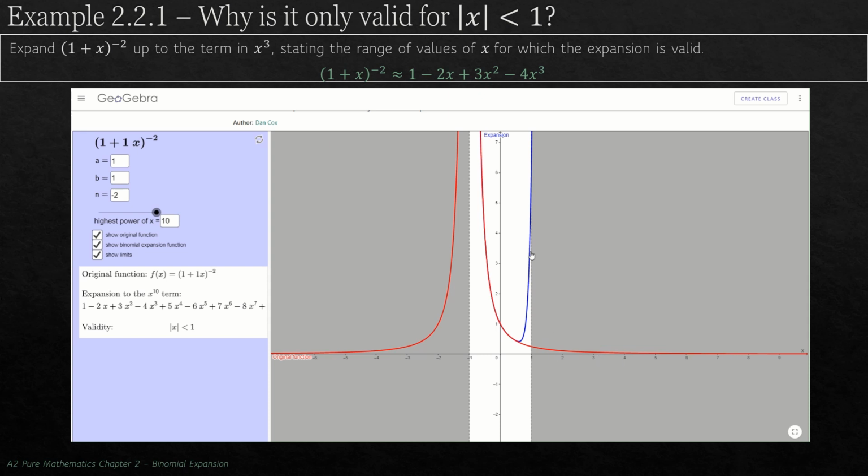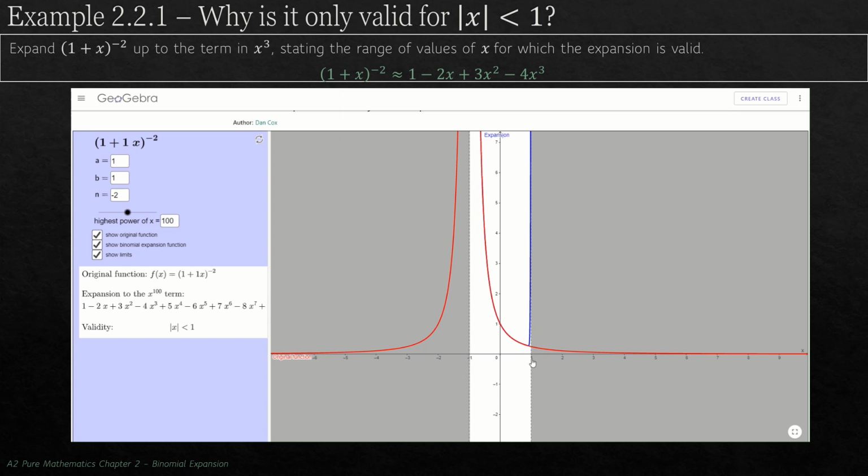So we've got different values here. But I think the thing to notice is if we change that highest power, so let's go for something a little bit bigger. It might take a minute just to catch up. There we are. You can see that as I've included more terms, going up to x to the power of 100, I've now got values almost all the way between minus 1 and 1.